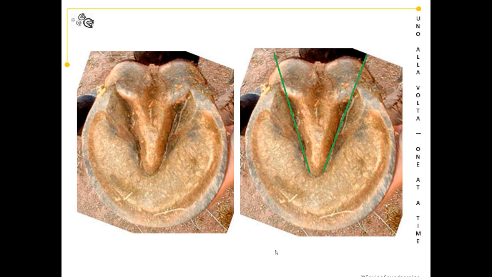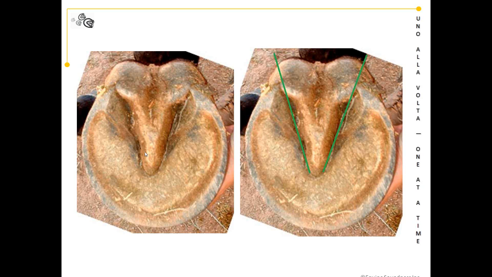And then we have a different frog form, but as you can see, the requirements are still met. The green line comes outside the hoof bulb when you run it through the collateral groove.